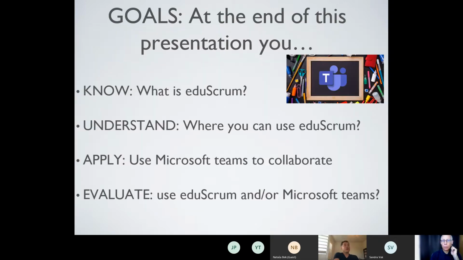So let's get started, right? My goal for you all today is that at the end you know what Eduscrum is, that you understand when and where you can use Eduscrum, and that you also know how to apply this within the Microsoft Teams environment, that you can use Microsoft Teams to collaborate, and then at the end evaluate: hey, is the use of Eduscrum something for me?